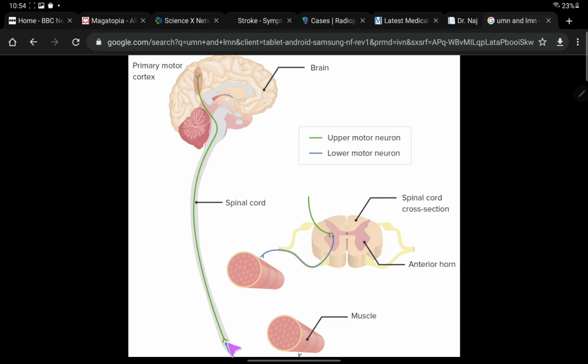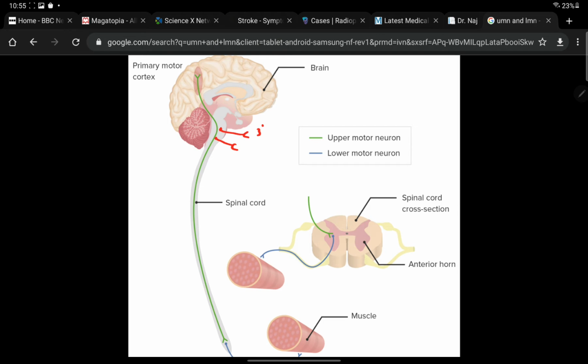The lower motor neuron arises from the anterior horn of the spinal cord and goes and innervates the skeletal muscles for voluntary movements. One more very important thing to note is that the lower motor neuron can be in the brainstem. There are cranial nerves.